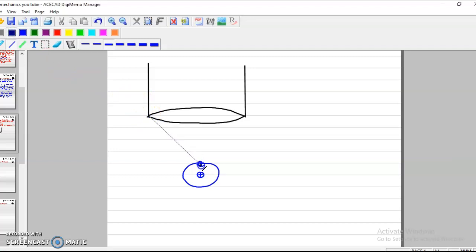So we have to focus on this electron with light. The light which is used in this microscope is gamma rays. So we can use gamma radiations to find out the location or momentum of the electron.